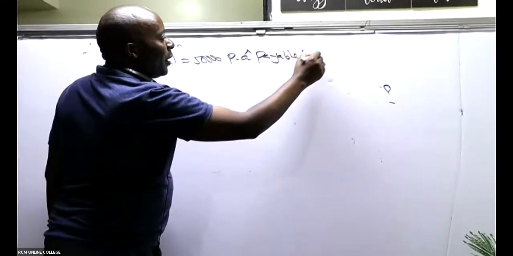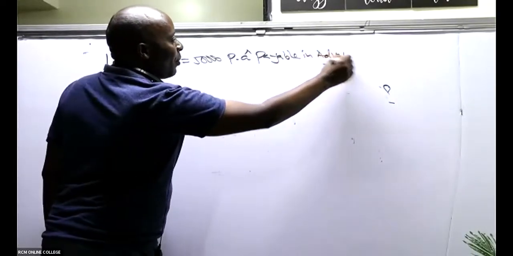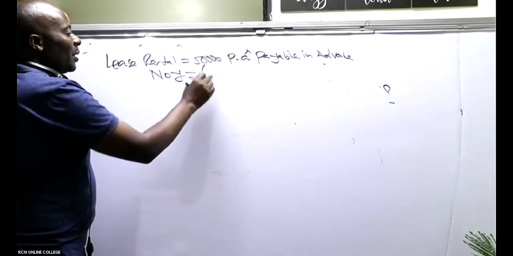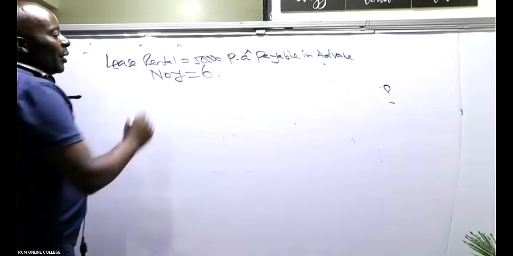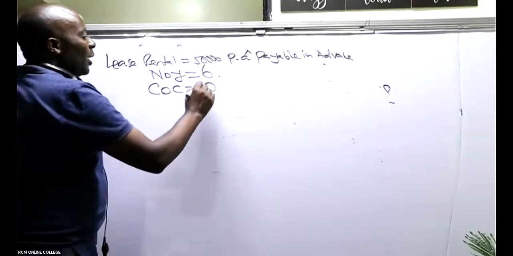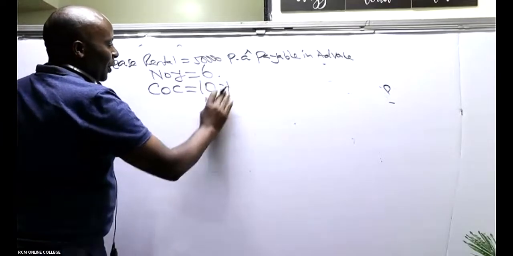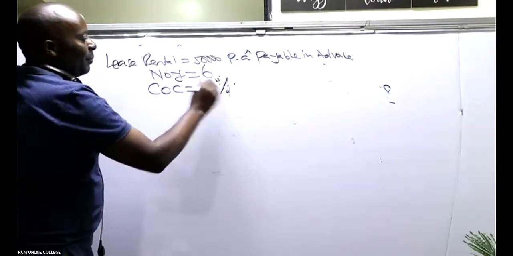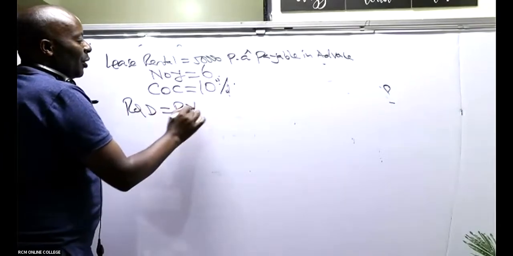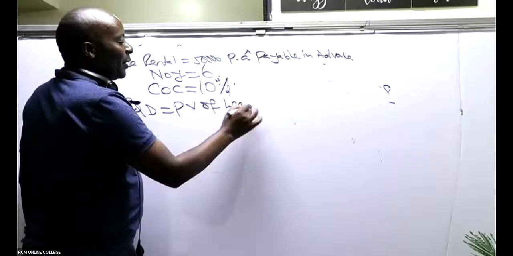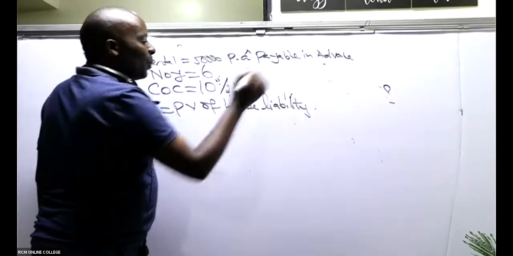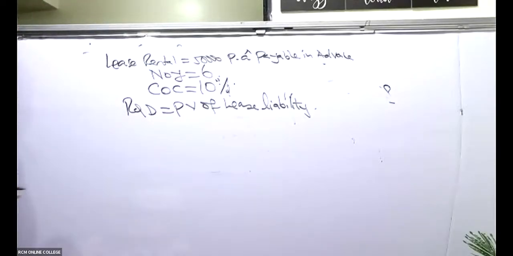The number of years is 6, for example. They'll come and give you the cost of capital, let's use 10%. And then you'll be required to give us the present value of the lease liability, or present value of lease rentals.